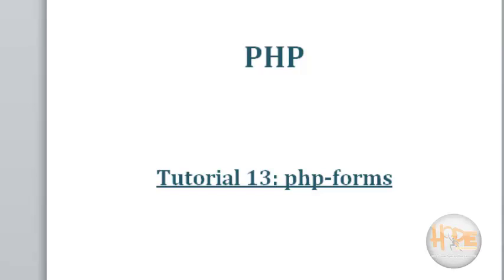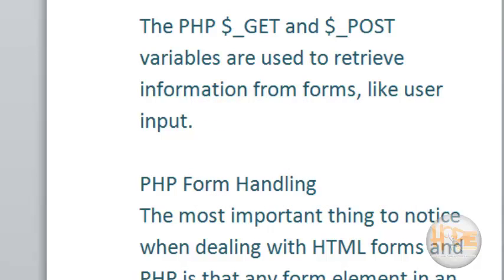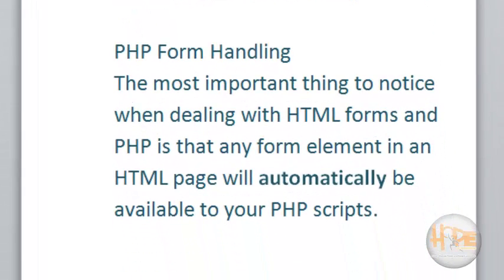In this tutorial, we will study how to get data from HTML forms and display it on the browser. The PHP $_GET and $_POST variables are used to retrieve information from forms, like user input.